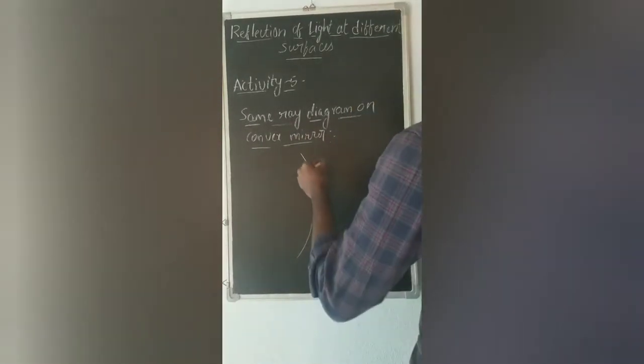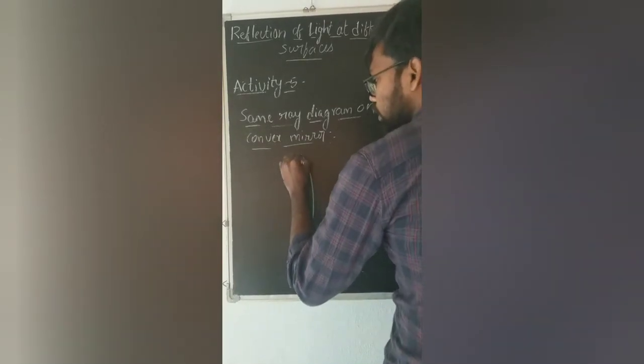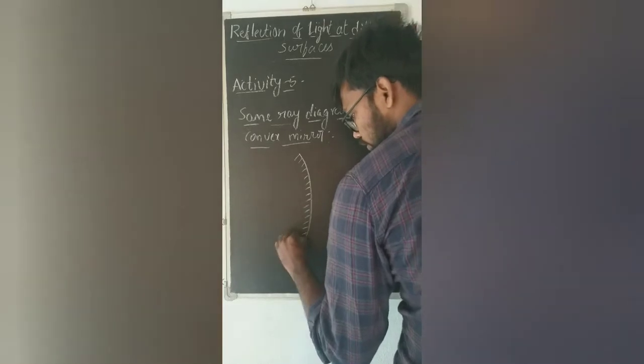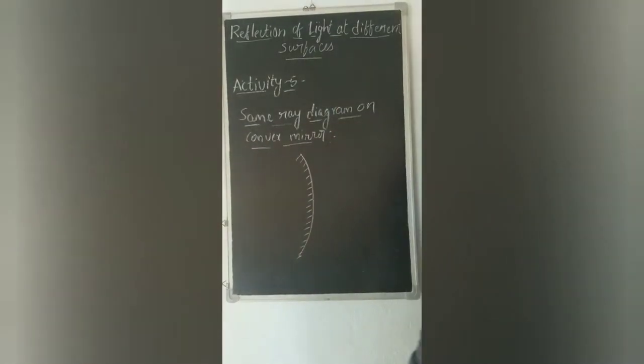This is the convex mirror, and the silver-coated surface is on the inside.